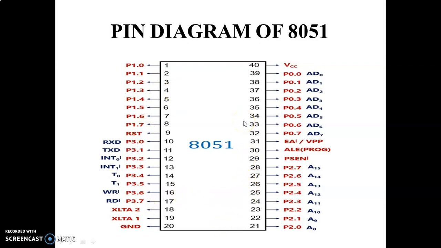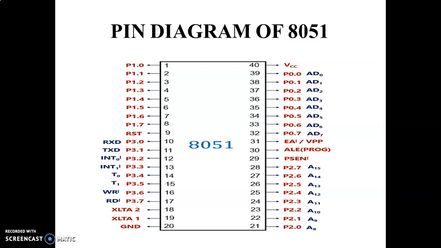Pin 29 is PSEN, program store enable, which is used to read a signal from the external program memory. Then pin 30 is ALE, which stands for address latch enable, and it is used to demultiplex the address data signal or port.